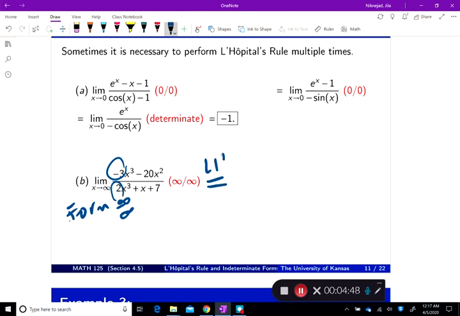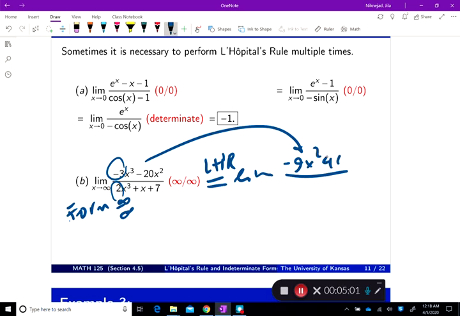So I do a L'Hopital rule, taking the derivative of the top, which is negative 9x squared minus 40x, and the derivative of the bottom is 6x squared plus 1, as x approaches infinity.